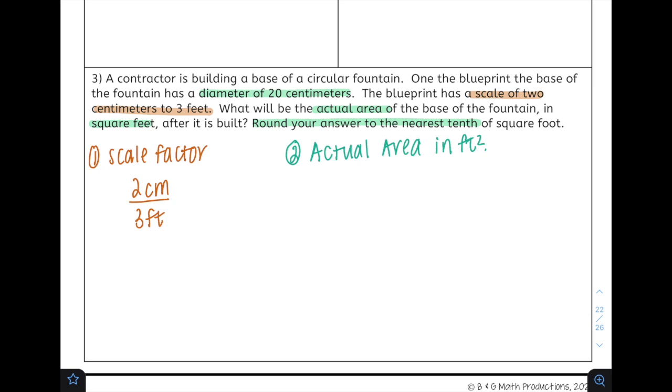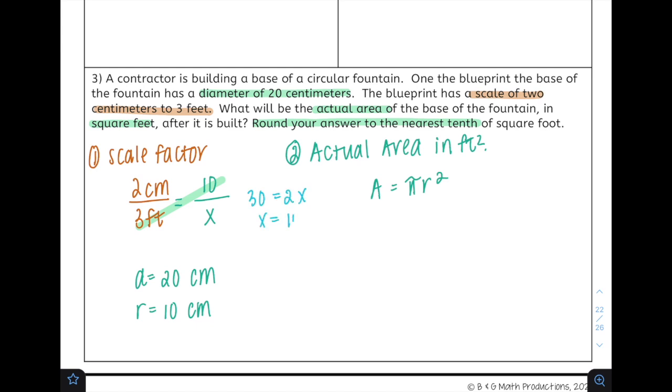Okay, so we want to set up our proportion because we're going to need a proportion. We already know that 20 centimeters is your diameter. For area, it's A equals pi r squared. We need the radius. Radius is really 10 centimeters. So that means I'm using 10. I'm going to cross multiply. So I'm going to get 30 equals 2x.